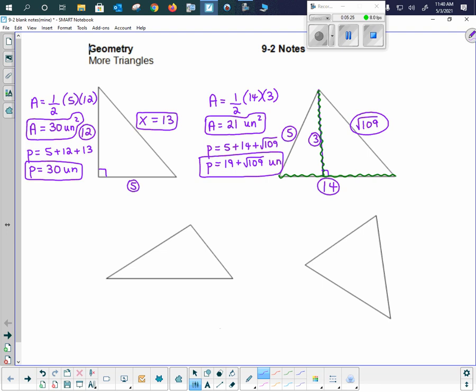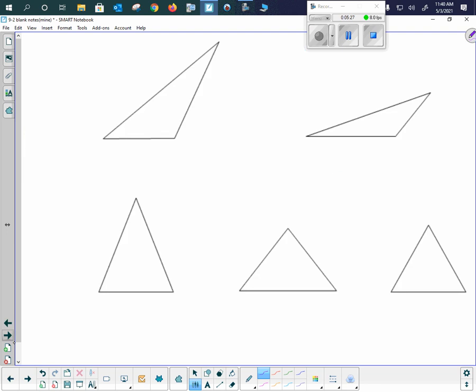All right, let's go to a couple rows down. Let's go to this. I'll use the one on the left here. Let's give you this length is 10. This side is 25.